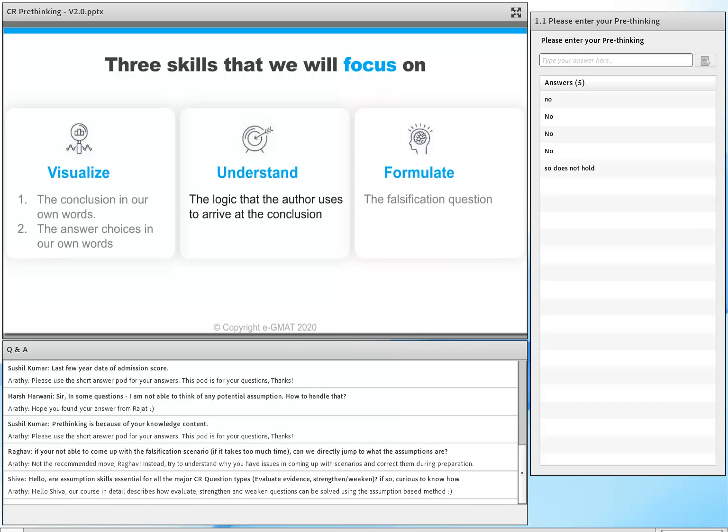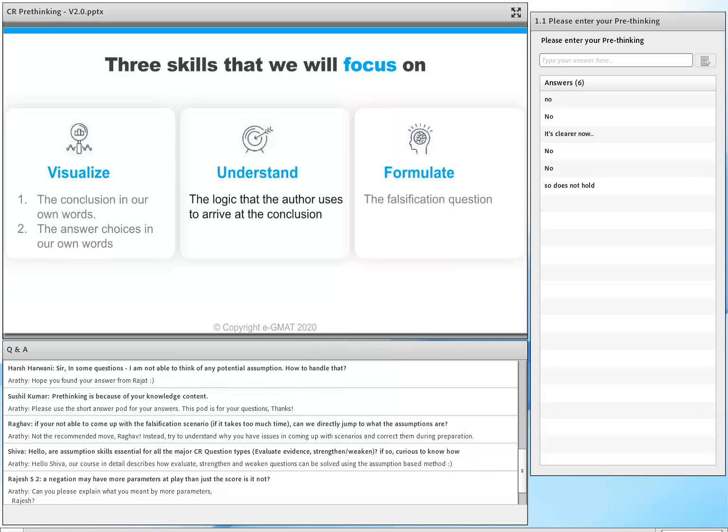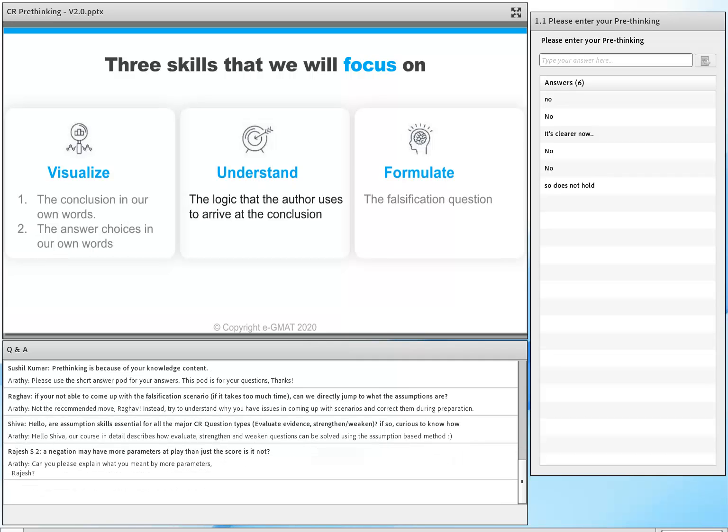But again, the thing which would make it very easy is if you learn how to do things slowly, if you learn how to visualize the conclusion, because we're going to up the ante right now. I'm going to give you an argument, and I'm going to ask you to come up with assumptions on your own. So first, identify the conclusion, and we're not going to talk about answer choices because I'm not going to have answer choices.